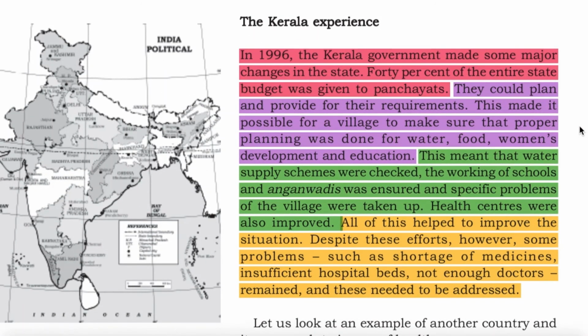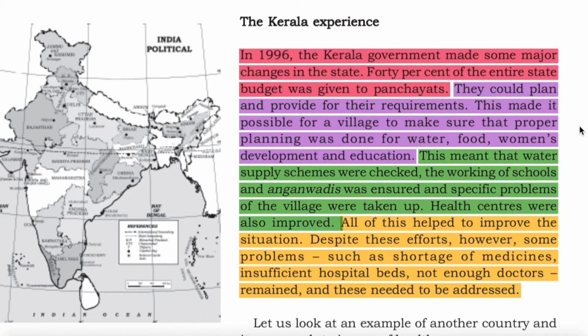The Kerala experience. In 1996, the Kerala government made some major changes in the state. 40% of the entire state budget was given to panchayats. They could plan and provide for their requirements. This made it possible for a village to make sure that proper planning was done for water, food, women's development, and education.